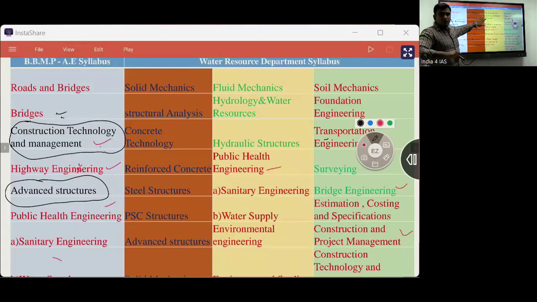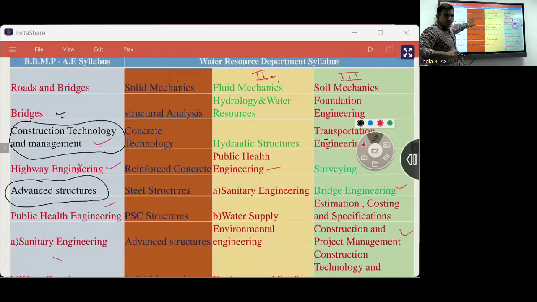So according to this syllabus, group 1, group 2, and 3. This is group 1, group 2, group 3. So myself will be handling solid mechanics, which is nothing but strength of material.